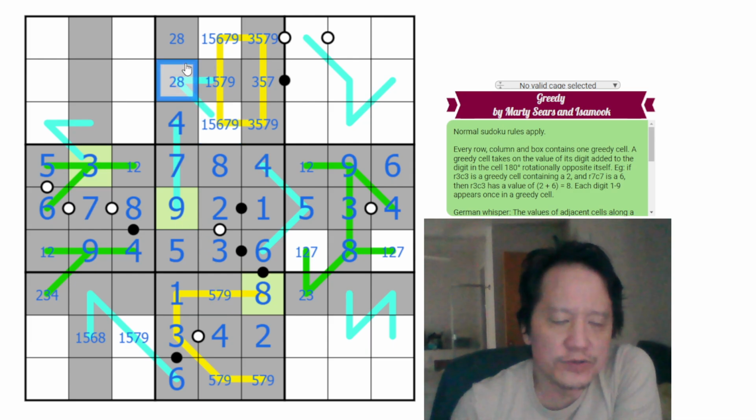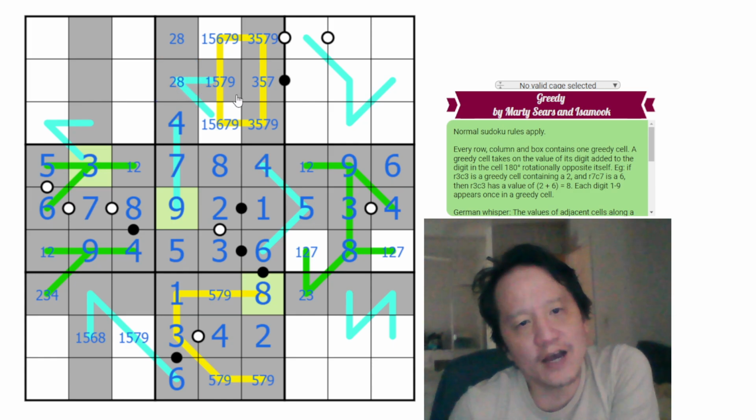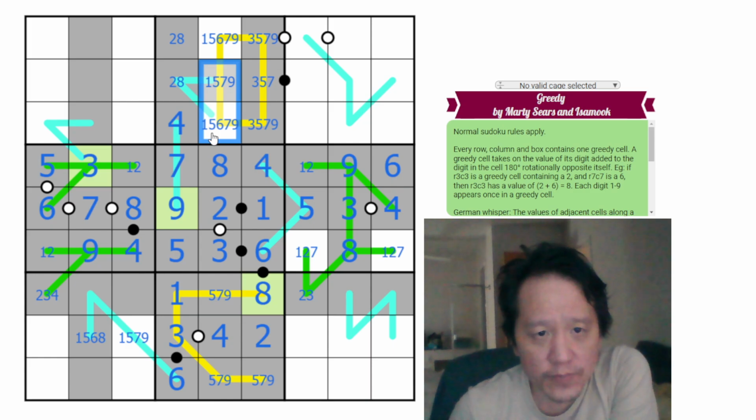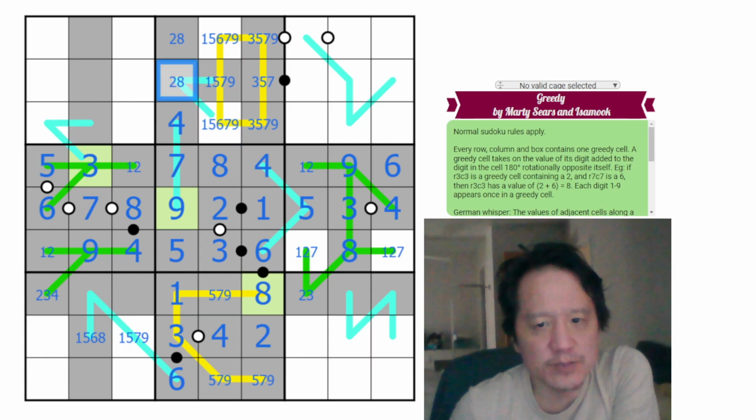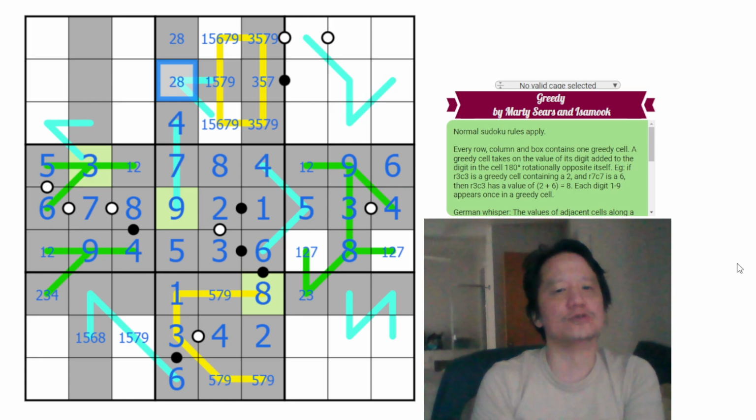This cannot be 2. If this was 2, this would have to be next to a 1 and a 3, right? Because these values cannot be the same. So this has to be 8. This cannot be 2. So this is 8, this is 2.